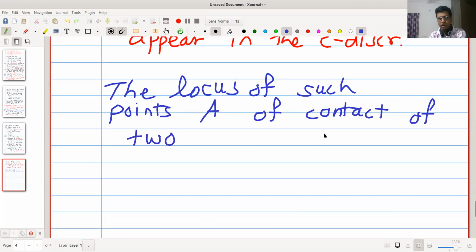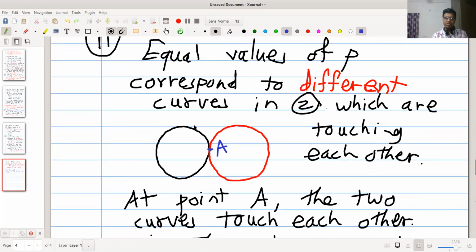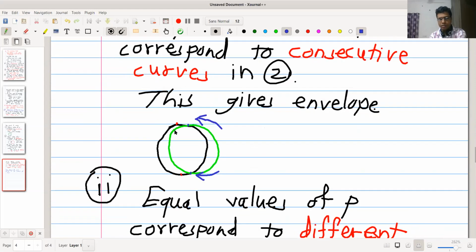Now these curves are not consecutive. Okay, in second case, we have these two curves which are not consecutive. In first case these are consecutive curves.